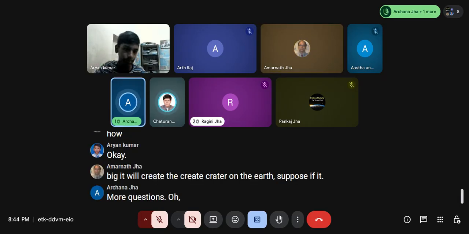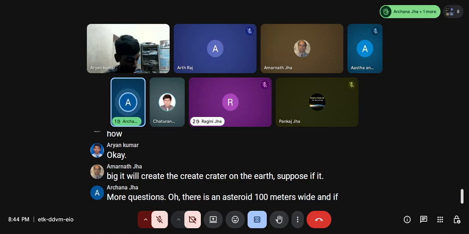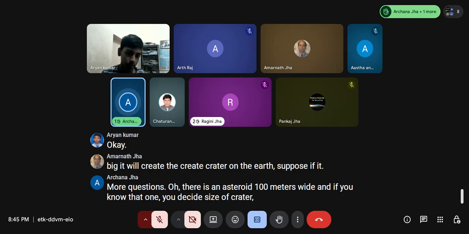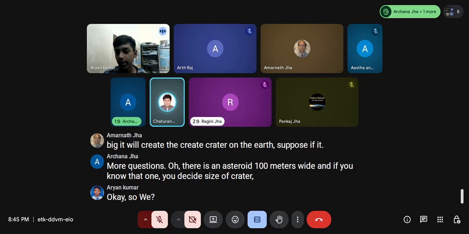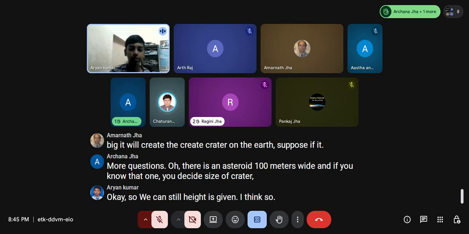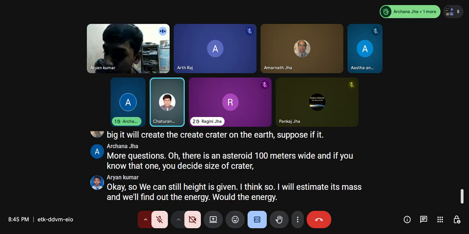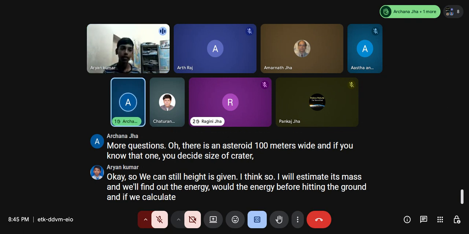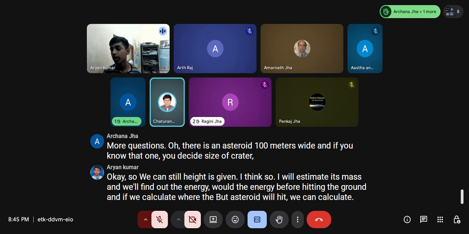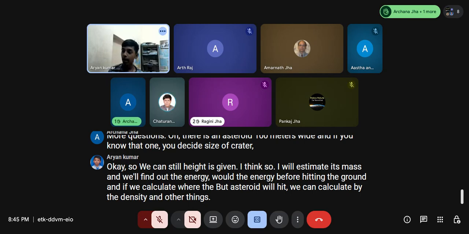If the height is given, we'll estimate its mass and find out the energy before hitting the ground, and calculate where the asteroid will hit, by the density and the other things. And when it impacts Earth, we can know how big the crater would be.